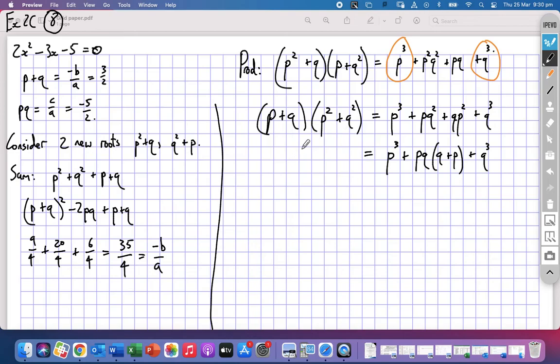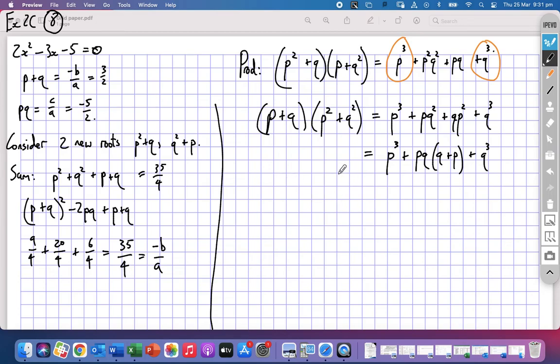Wow, okay. So in the last one, the sum p squared plus q squared plus p plus q was 35 on 4. I know p plus q equals 3 on 2.